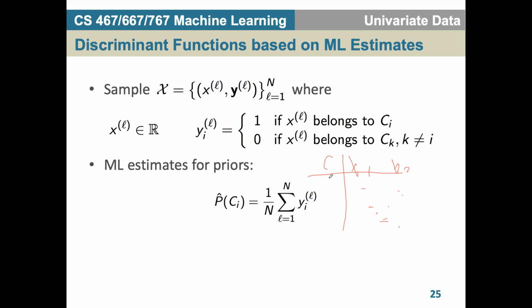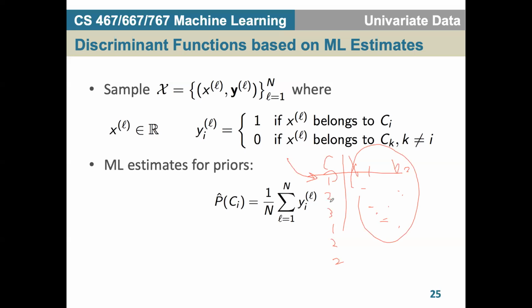But you do see class 1, class 2, class 3, class 1, class 2, class 2 again. Because we don't care about this term, we are considering the prior. The first time you see 1, the second you see 2, the third you see 3, next time you see 1 again, then 2 and 2.